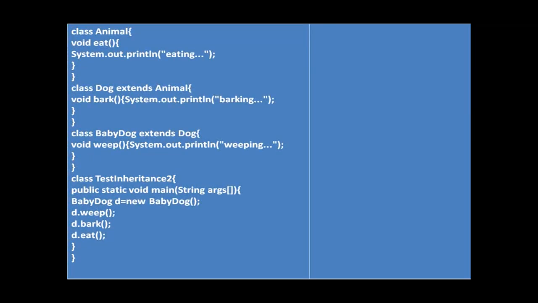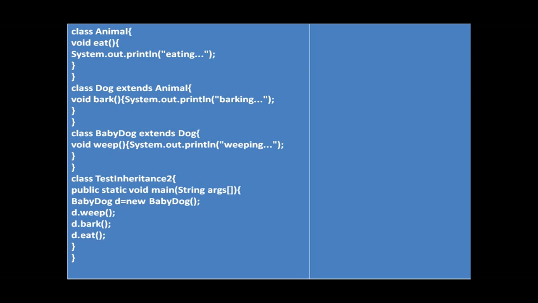Let's see an example. We create a class animal and we define a method eat. Now we define a class dog which extends animal, and in the dog class we define one method, bark. So the dog class has two methods: one is eat, which is inherited from the animal class, and the second is the bark method, which is the dog class method.